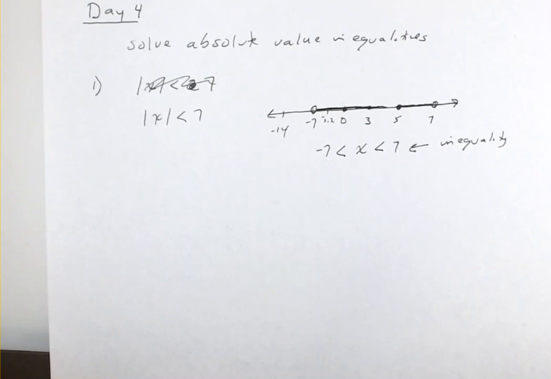Some of you, when you turned in that worksheet on absolute value equations, when you broke it apart, you forgot the word "and." The word "and" is necessary because the absolute value less than involves the word "and," which means intersection. And the greater than involves the word "or," which means union.